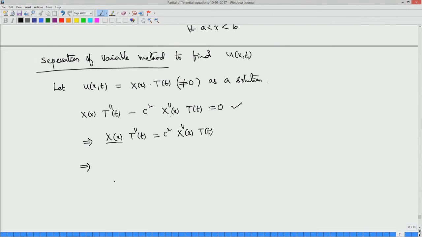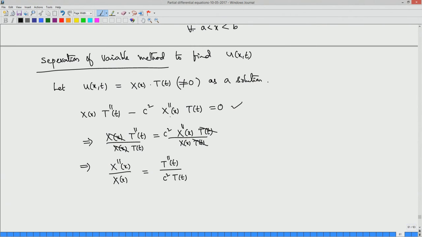Dividing both sides by X of x and T of t, because it is non-zero, T of t goes, X of x goes. What you are left with is X double dash of x divided by X of x equal to T double dash of t divided by c square T of t. This is what you get.